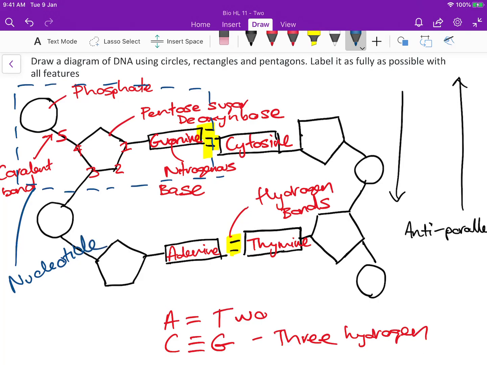So we talked about the phosphate, the pentose sugar deoxyribose, the nitrogenous base. We've labeled them and showed how they go together. We've shown the different numbers of hydrogen bonds, and we've also shown that it is an anti-parallel strand and that it is double stranded.